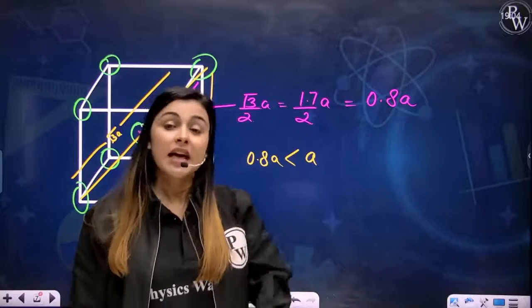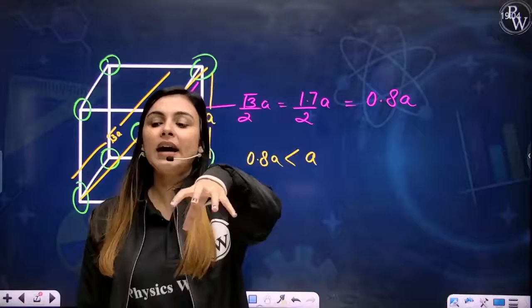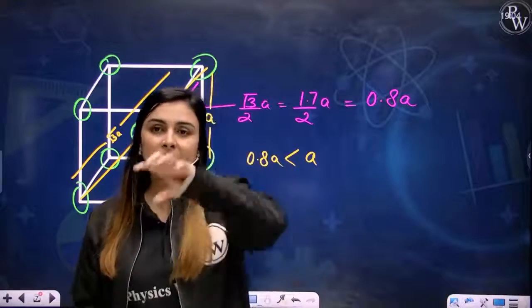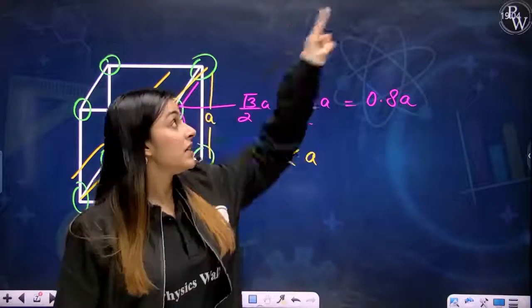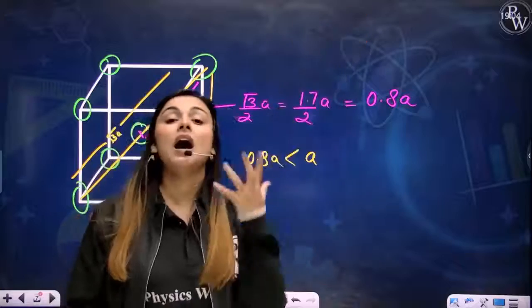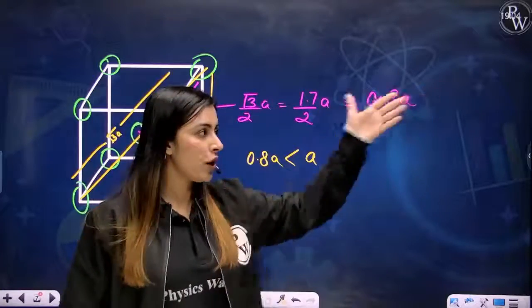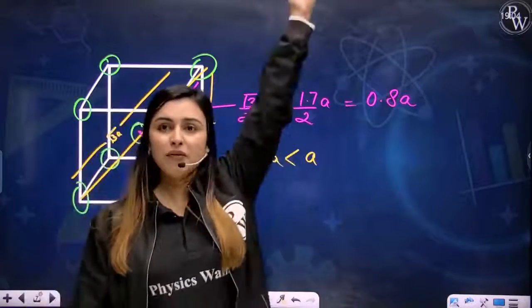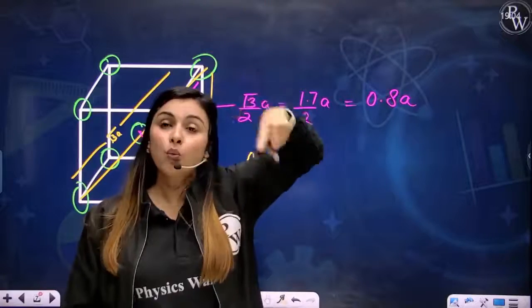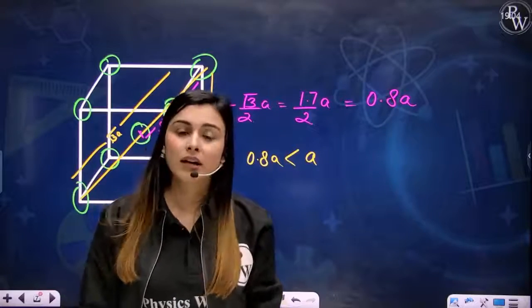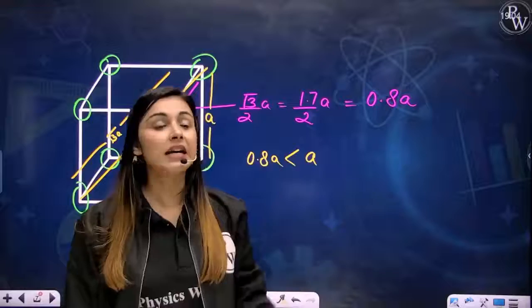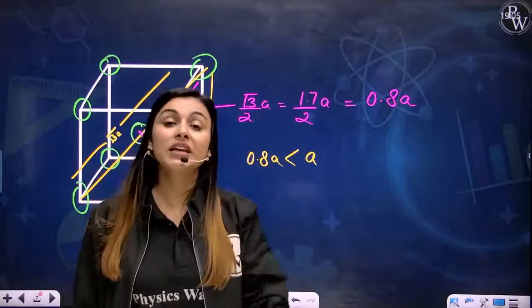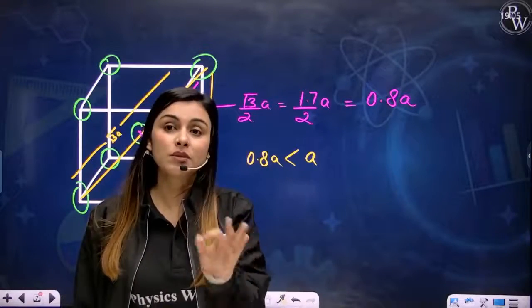Every unit cell will have an atom at the body center. This corner is in touch with how many cubes? 4 are these and 4 are above. Each unit cell will have an atom at the corner. This means that it will be in contact with 8 corner atoms together.